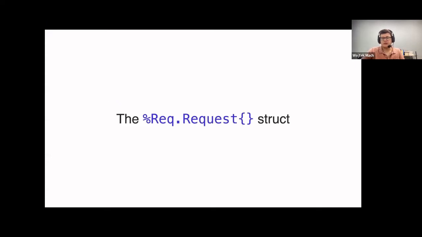So let's talk about this structure. When we call req.new, here just for the presentation, I'm passing two options: the URL and disabling follow redirects. What we will get back is a structure. It has a bunch of fields. We are going to talk about them in groups. So we have the basic HTTP stuff: method, URL, headers, and body.